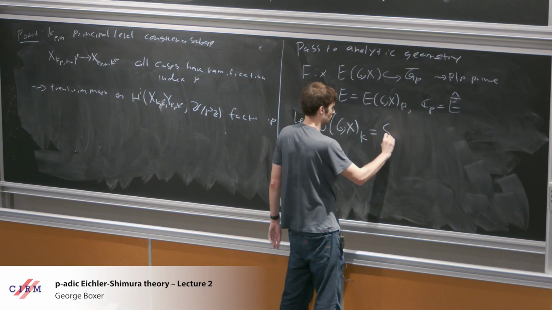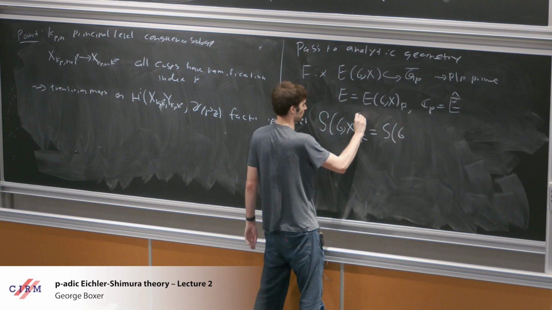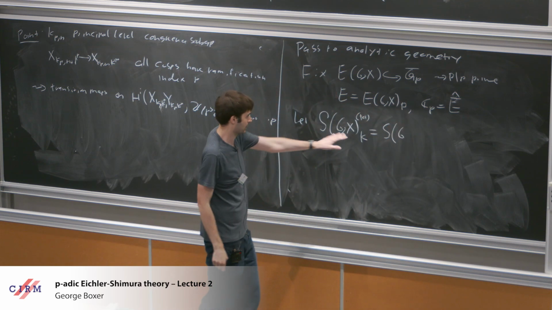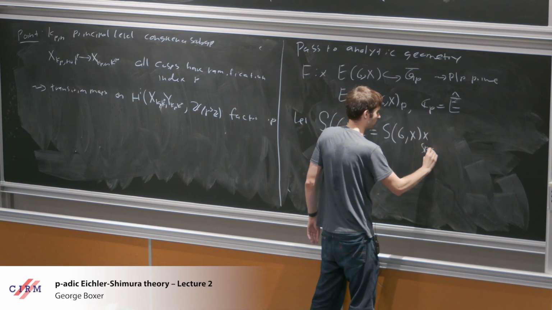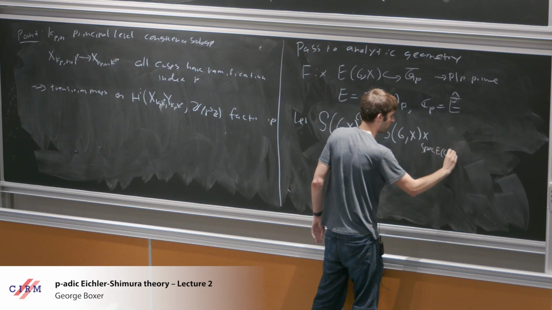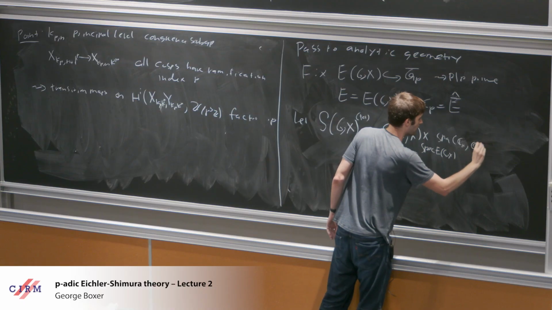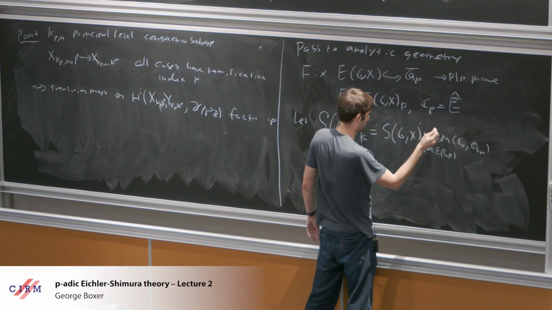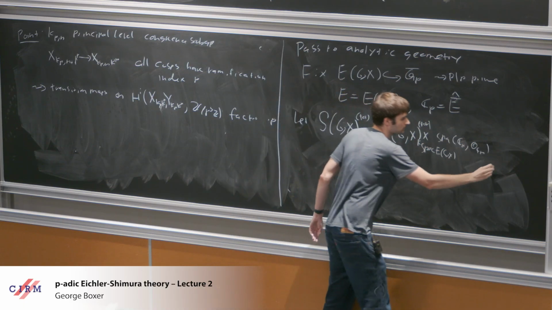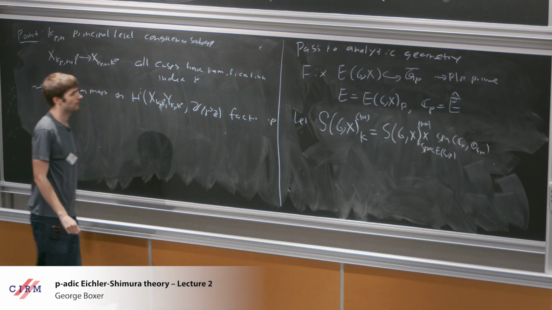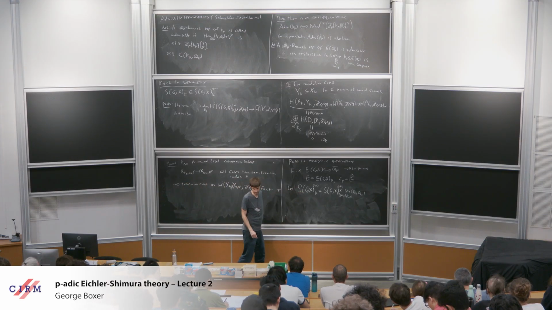So we take the algebraic variety, and maybe I will also do this for the toroidal compactification, so either the uncompactified or the toroidal compactification. So this is just the same thing, but viewed as an analytic space.